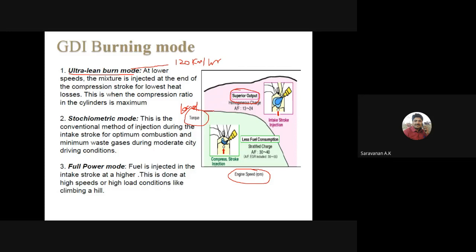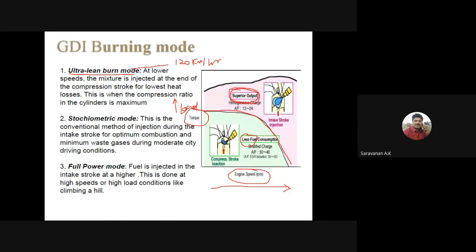You may see the graph. If the engine speed increases and the load decreases, we get fuel economy. At the same time, if the engine speed increases and the load also increases, we can get superior power.